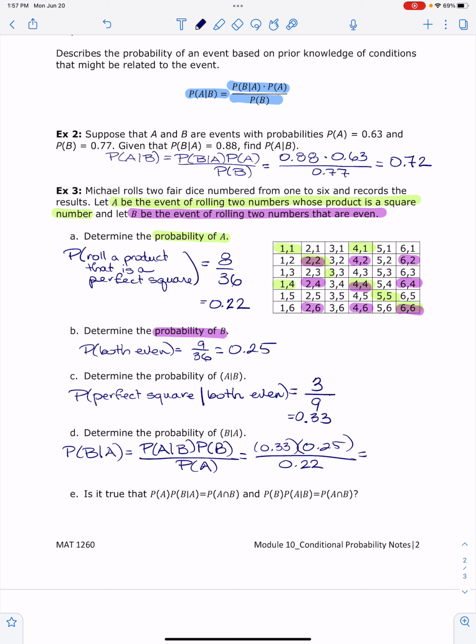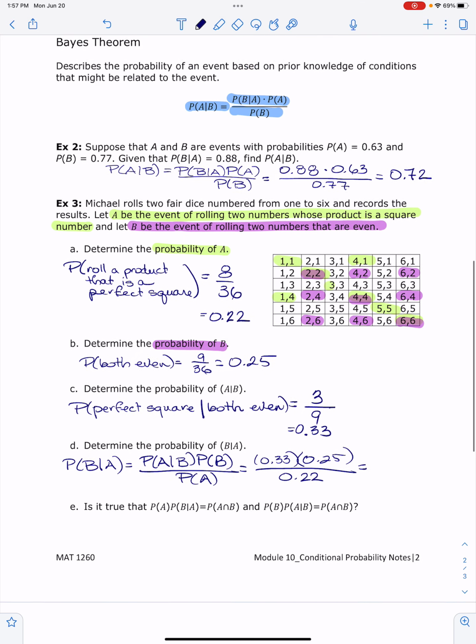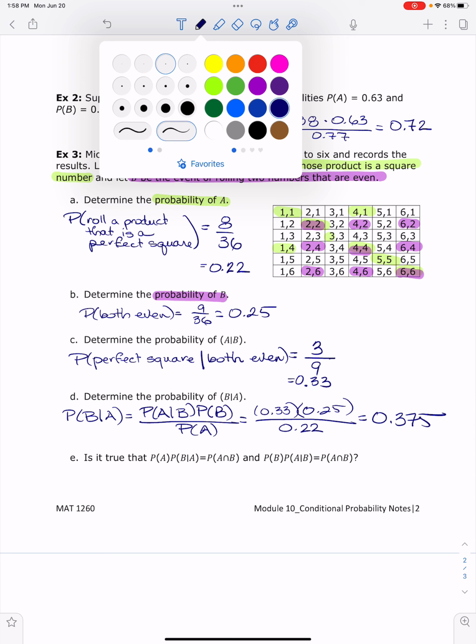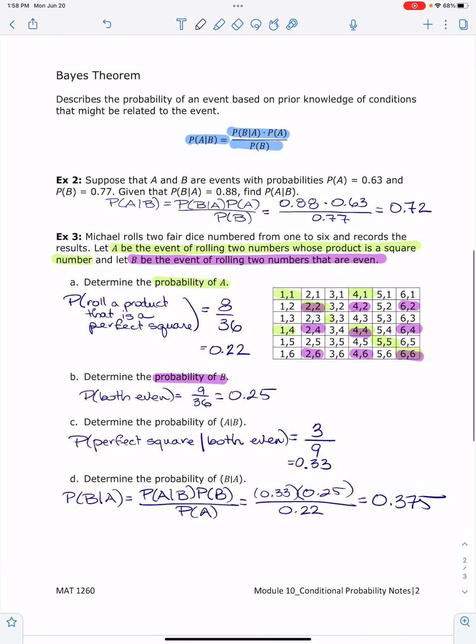And when we multiply 0.33 times 0.25 and then divide by 0.22, we get 0.375. And the last one we are going to make go away. We are not going to view it in terms of that notation. And there is page 2.